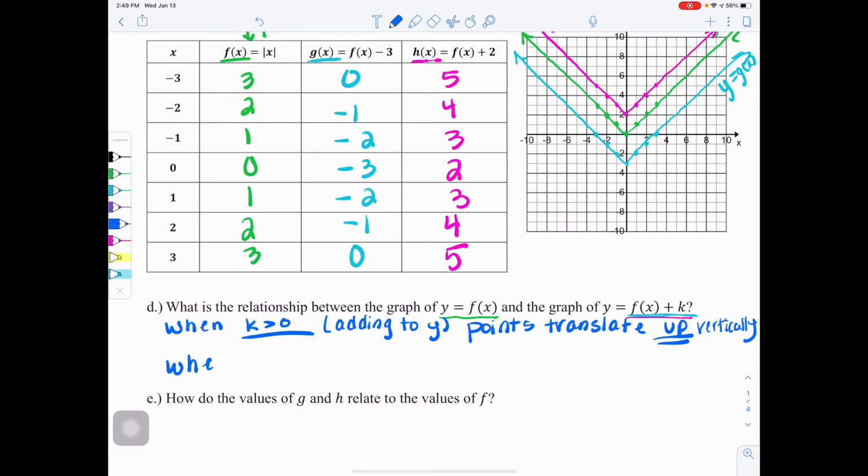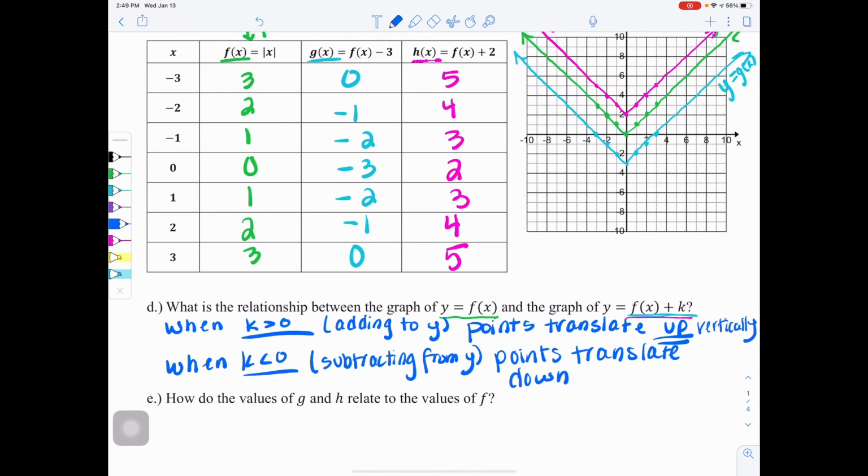So when k is less than 0, or in other words, we are subtracting from y, the points translate down vertically. So if I add a number, it goes up. If I subtract a number on the outside, it goes down.